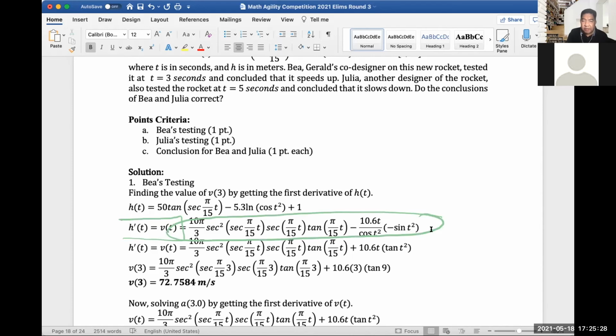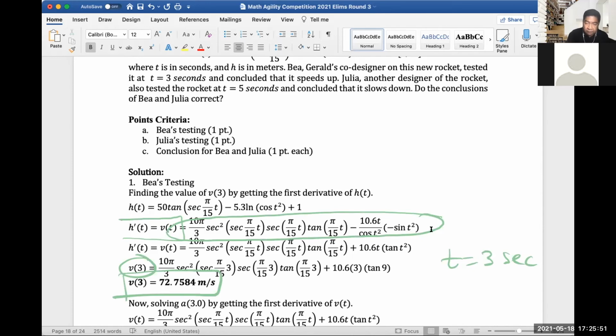To see the value of the velocity at time equals 3 seconds, substitute t equal to 3 in the velocity, and you will get v of 3 equal to 72.7584 meters per second.